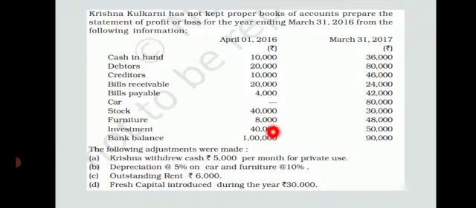Then you will prepare the statement of profit or loss for the year ending 31st March. Read it as 2017. In the textbook they have mistakenly mentioned 2016, it should be 2017. And the last one is the revised statement of affairs.